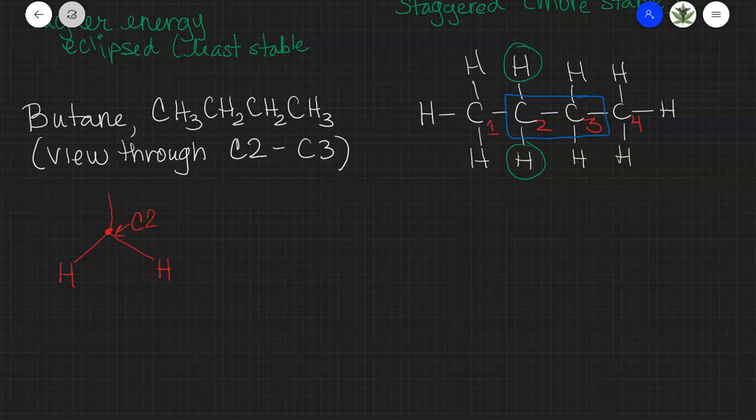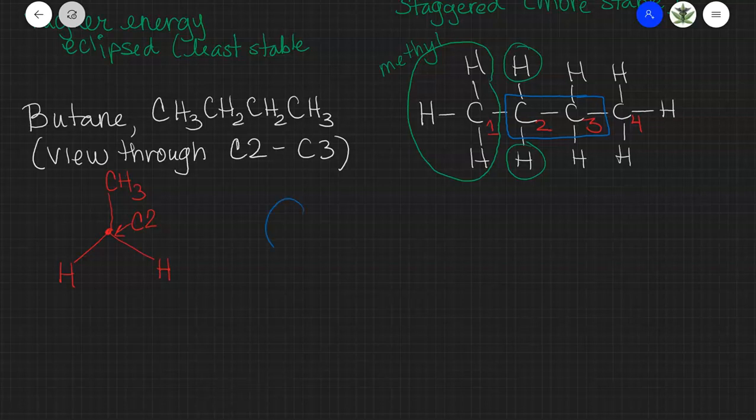And then you also have a methyl group. Remember, it's missing a hydrogen, so that's a methyl group. So we're going to put that on top. So that's our front carbon.